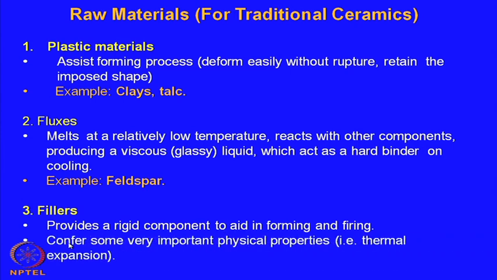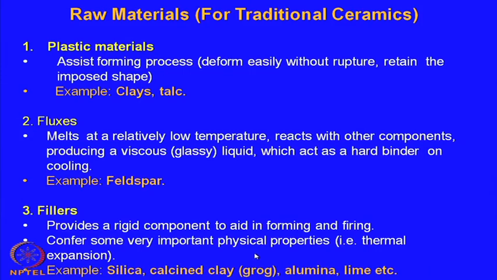So, this is the filler material and it confers some very important physical properties, for example thermal expansion, strength and so on, and the example is actually sand, or aluminum oxide, or sometimes lime, or even a fired material of this plastic mass, the clays, which is called grog.